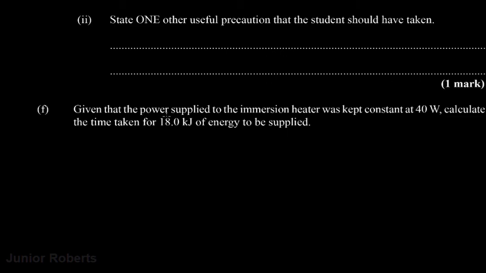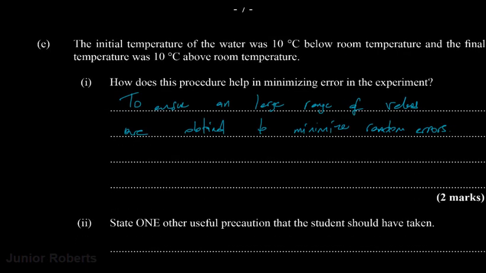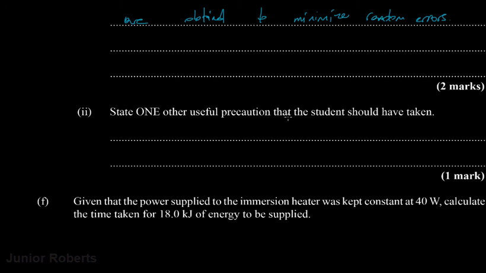So it says here now to state one other useful precaution that the student should have taken. Since we're dealing with temperature change and we're going to use a thermometer to measure the temperature, we can say that we ensure the thermometer is suspended in the liquid.